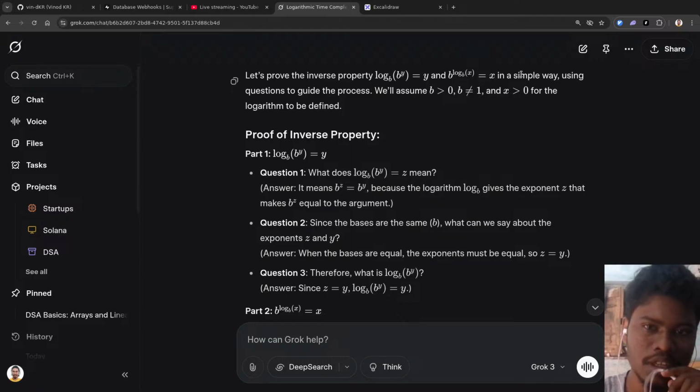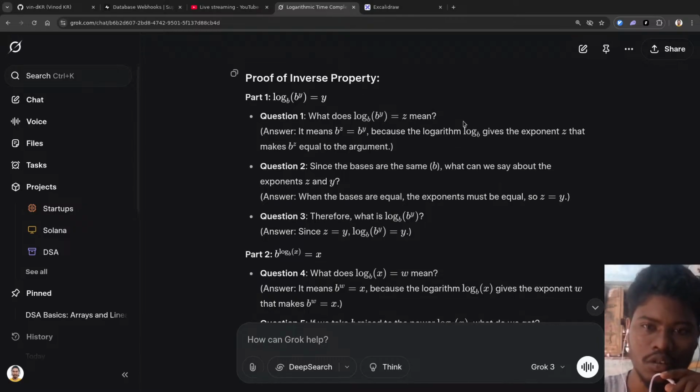Okay, in a simple way, using the question-and-answer process, we will assume p is greater than 0 and p is not equal to 1, and x is greater than 0, for the logarithm to be defined. Proof of the inverse property. Part 1: log of p raised to the power y, base p, is equal to y. The first question is what does log p equals z mean?